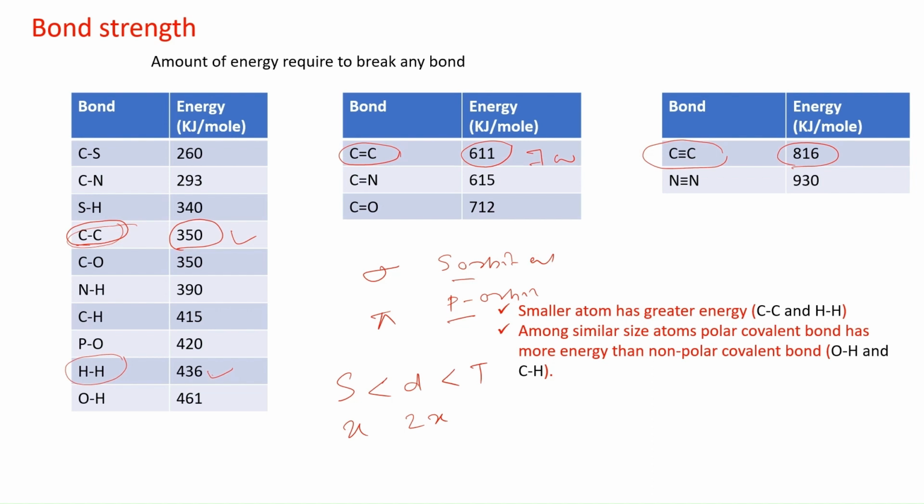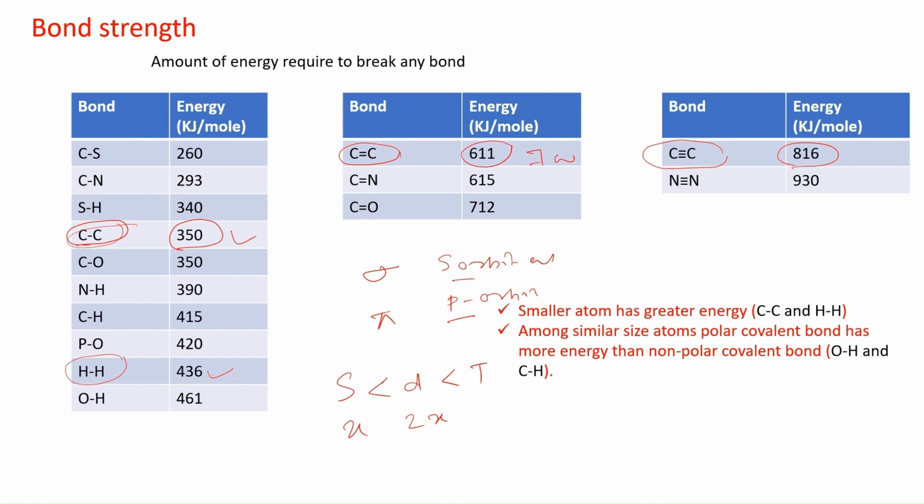Correct? Another thing to note down is if the atoms have similar size, then a polar covalent bond will have more energy compared to a non-polar covalent bond. Correct? Why? Because in a polar covalent bond, along with having the covalent nature, it also has an ionic character.